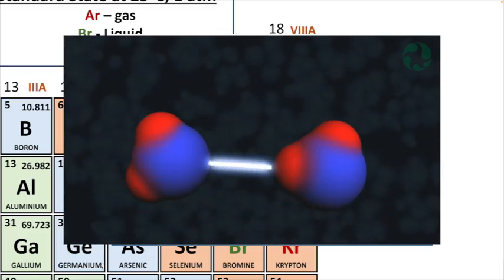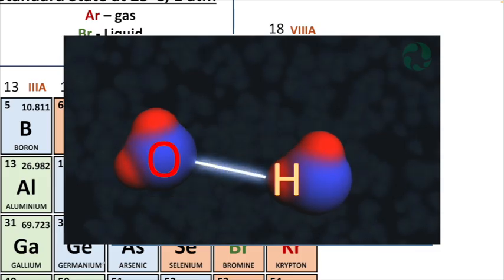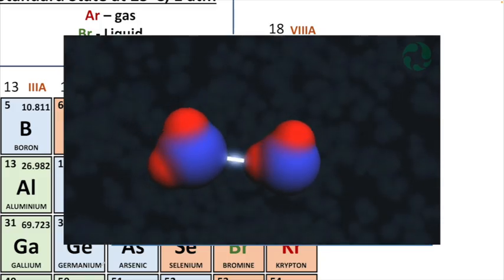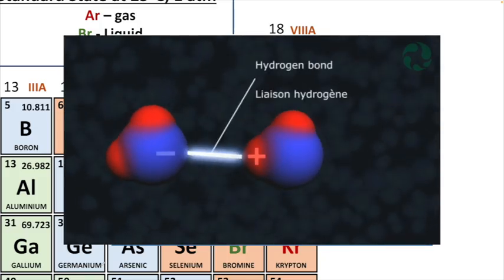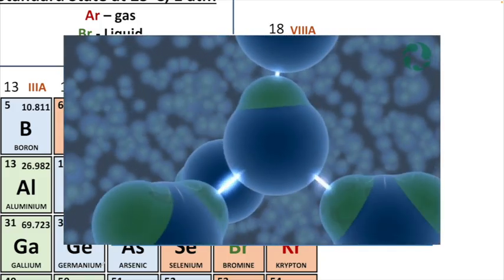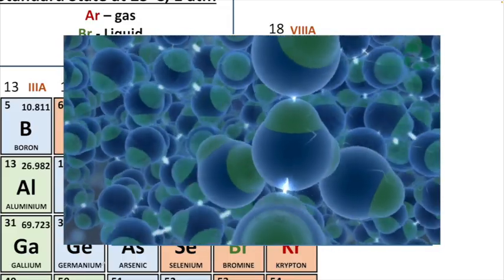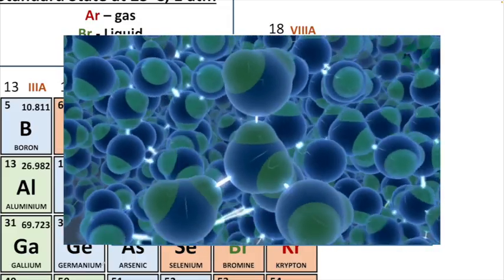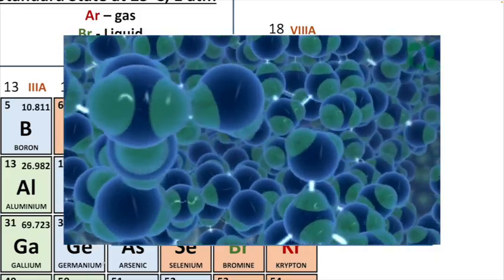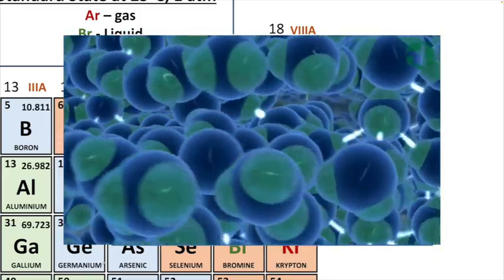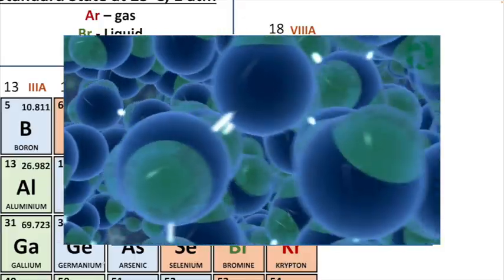When another water molecule comes close, the positive hydrogen of one molecule is attracted to the negative oxygen of the other molecule. This weak but continuous attraction is called a hydrogen bond. When millions of water molecules form these hydrogen bonds, they hold one another tightly and don't escape easily. That's why water stays liquid at room temperature, even though it's a small molecule.